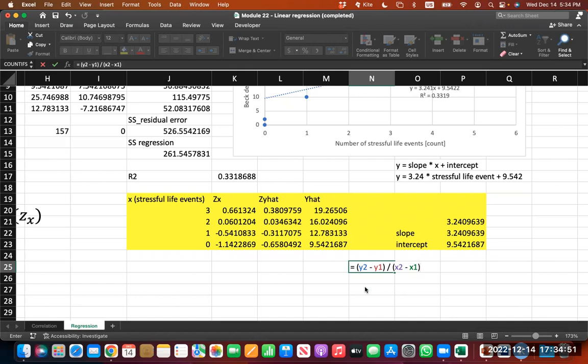So you have 2 points. This is your y coordinate, your second point. This is your y coordinate of the first point. You're subtracting these 2 and you divide it by x2 minus x1, which gets you the slope, the increase as a function of increases in x.